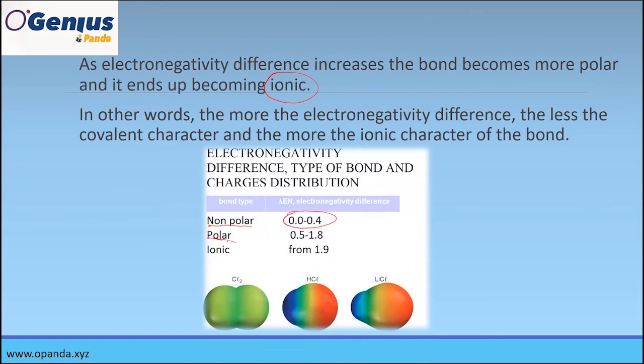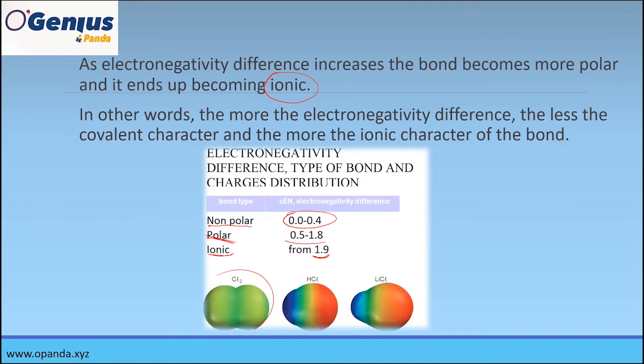The bond will be considered to be polar if the electronegativity difference is between 0.5 and 1.8, of course, when we have non-metals. And it's ionic when the electronegativity difference is 1.9 and above, with a metal combined with a non-metal.